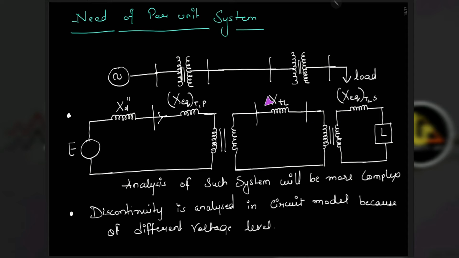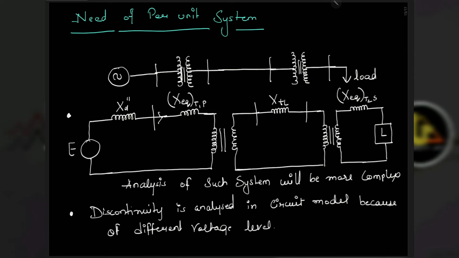If at all this were a series circuit, then it would be easy to analyze this power system network. So due to this discontinuity, you will get 3 different circuits, 3 different loops and 3 different equations. But if this can be converted into a series network, a single network, then it is very easy to analyze this system because you will get only one single circuit and one single equation, right?